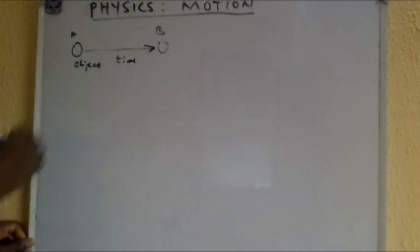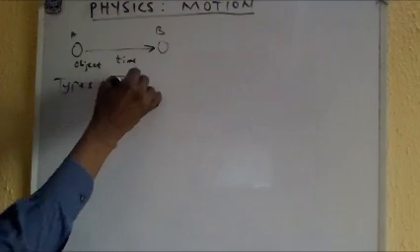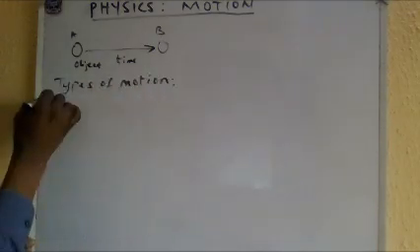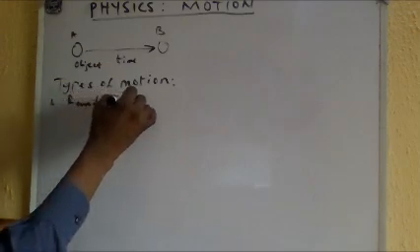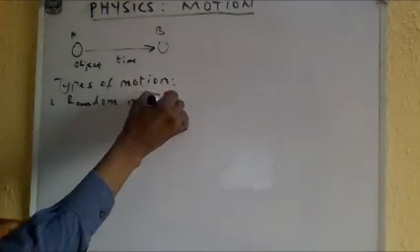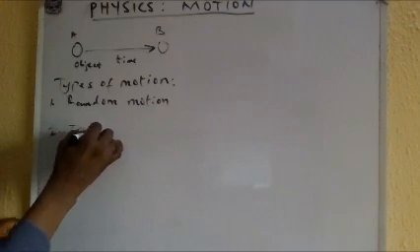So there are types of motion. One, we have the random motion. Two, we have the translational motion.